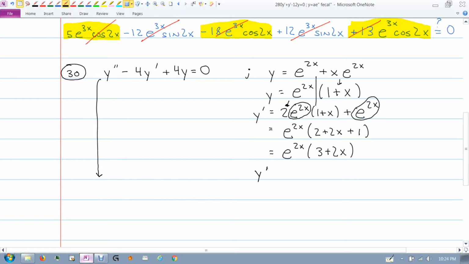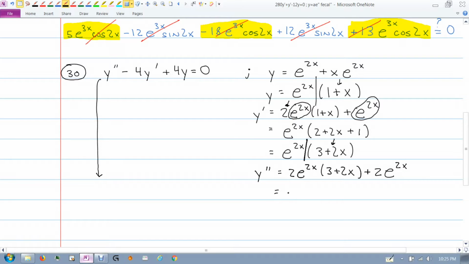Okay, my second derivative is going to be 2e to the 2x again times the second function. So I'm using my product rule right here. And then plus derivative of the second function, this time inside here, which is just 2, and times the e to the 2x. I can do a similar thing I did on the previous one.